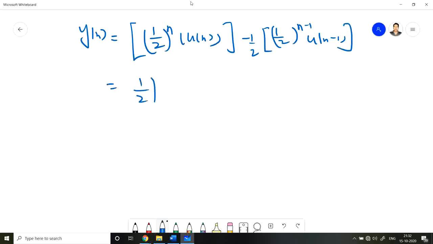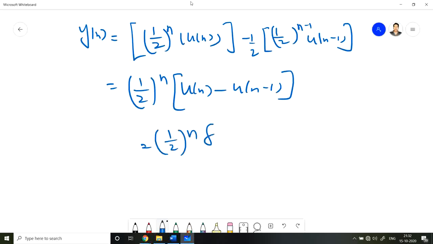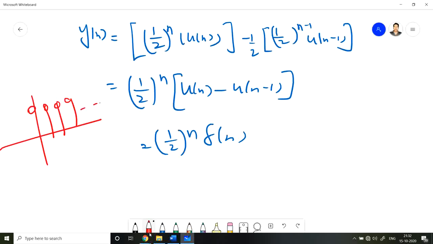Now we can take 1 by 2 raised to the power n common, so it is un minus un minus 1. So it is nothing but del n. How is it del n? It is very simple to interpret. So this is our un. Now there is another value that is minus of un minus 1.